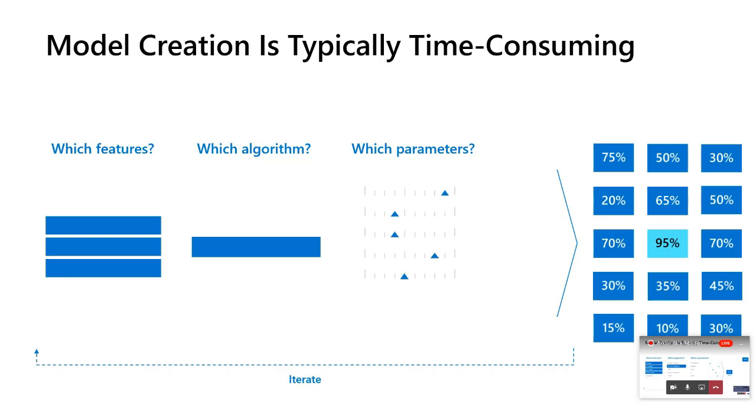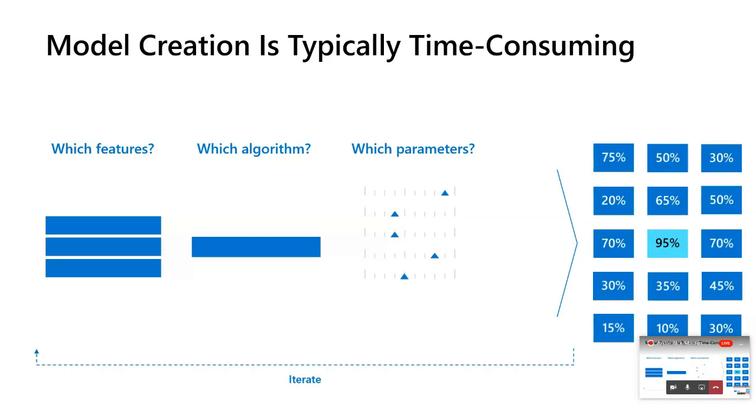And then I'm going to have a long list of all the runs that I've made based on different features, algorithms, and parameters, and I got all these accuracies. Then I go ahead and pick a particular accuracy, which is the threshold for my model, right? Now think about how much time I have to invest in it as a data scientist.